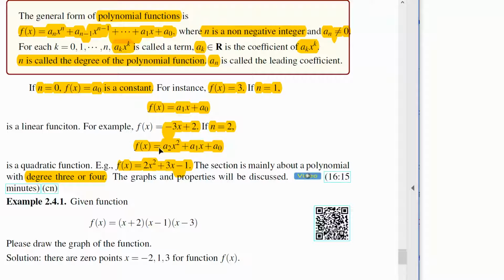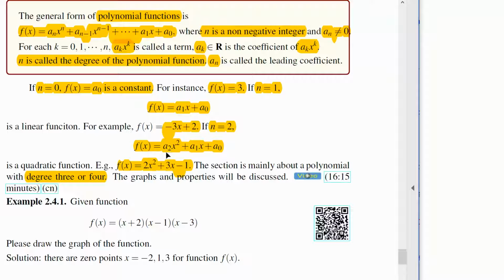For the quadratic function, a1 is the coefficient of x, a2 is the coefficient of x squared, and a2 is also the leading coefficient.